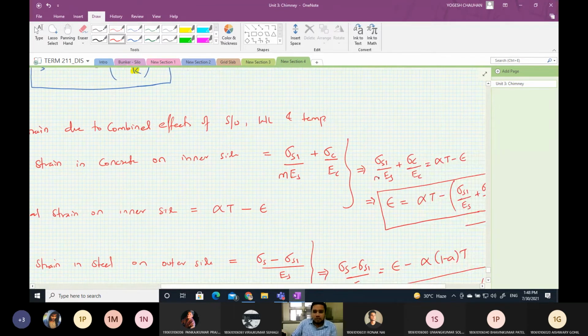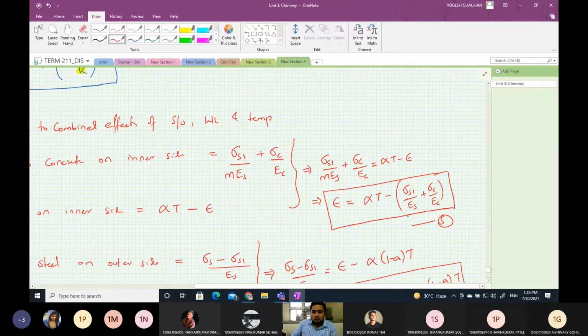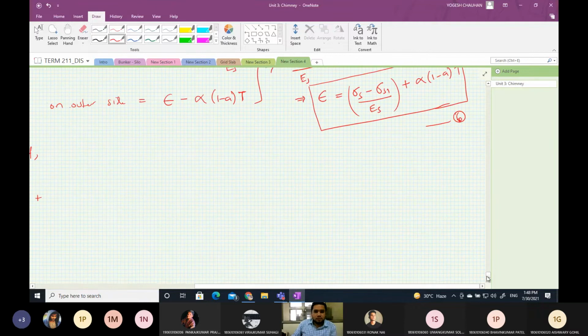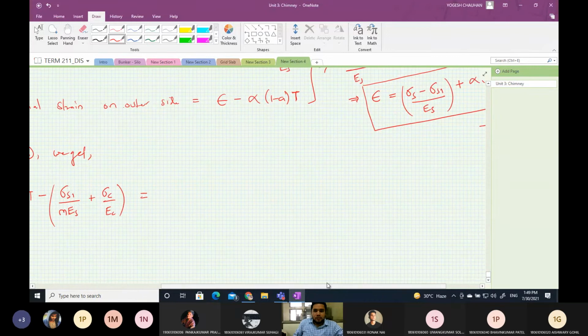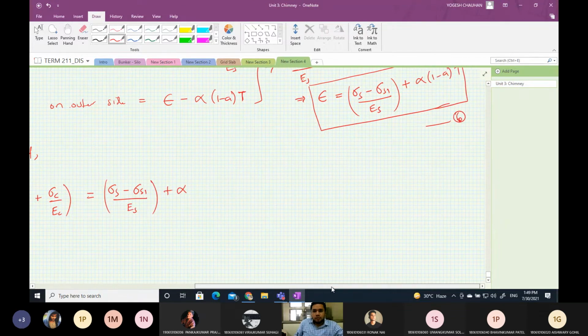So this is m times Es, plus sigma c by Ec, equal to sigma s minus sigma s1 divided by Es plus alpha times 1 minus a times T. We are equating 5 and 6.